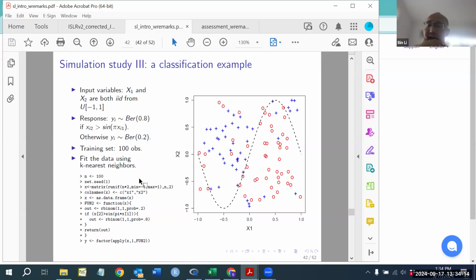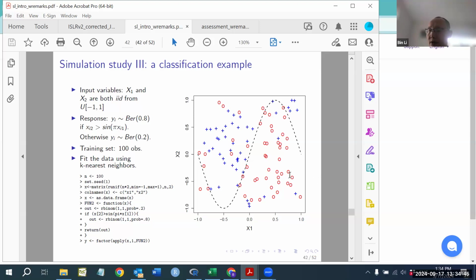Now, this is another simulation which shows the bias variance trade-off also applies in the classification case. Here, the response is binary, either a blue cross or a red circle. And the true boundary is a sine function. Above the sine function, there is an 80% chance to get a blue cross.